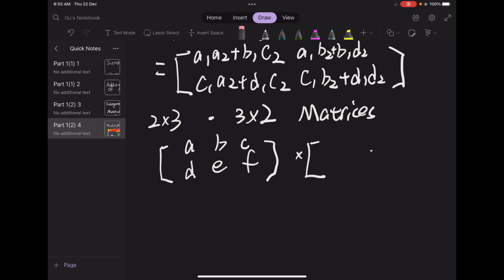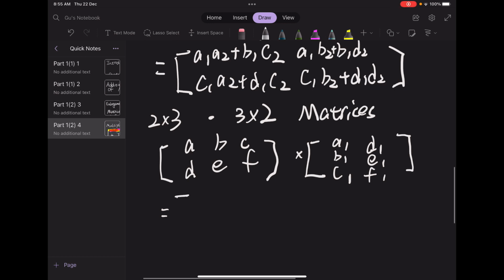This is going to be a bit complicated. Actually, I'll just name them A1, B1, and change them to A2, B2, C2, D2, E2, F2.